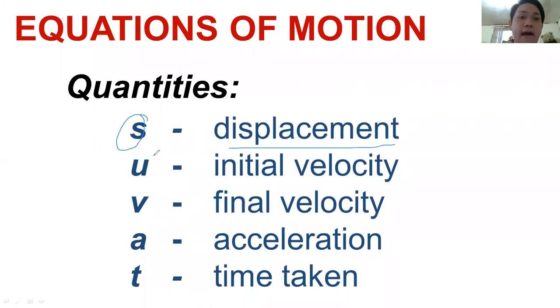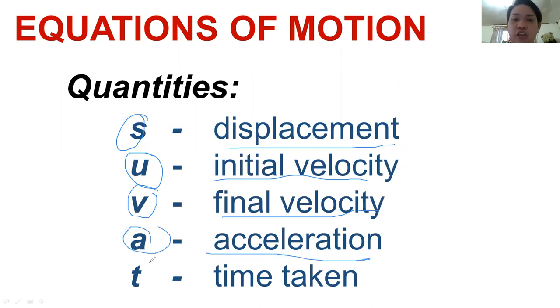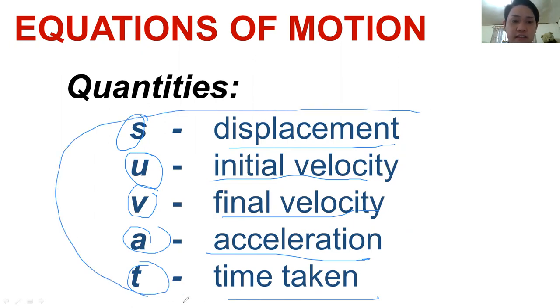We also have U for initial velocity, and V as your final velocity. And you have A for acceleration and T for time. In short, these quantities that you can see on the screen are the quantities that we will encounter in the equations of motion.